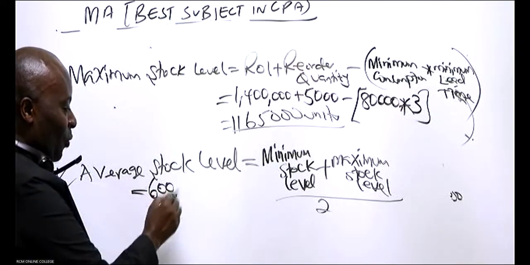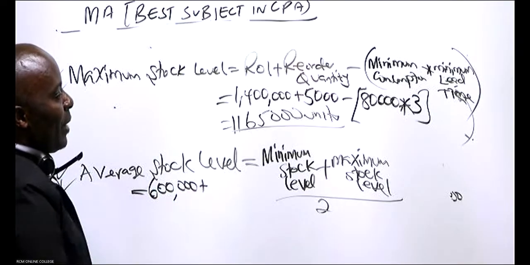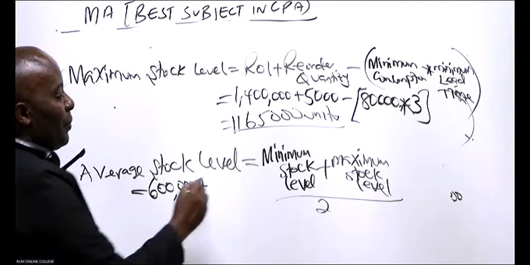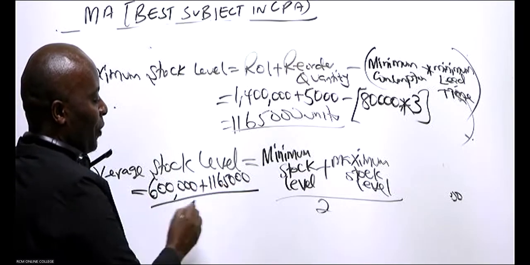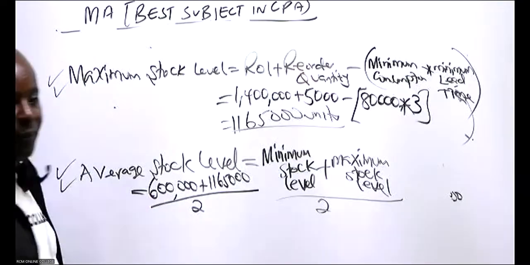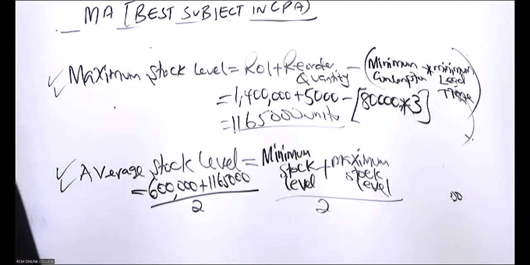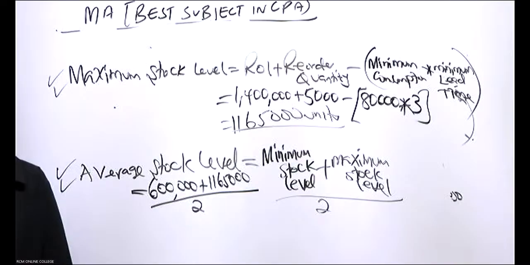I mean, ensure they don't confuse. 600,000 plus maximum stock level is how much? 1,000,000, isn't it? And then everything we divide by 2.